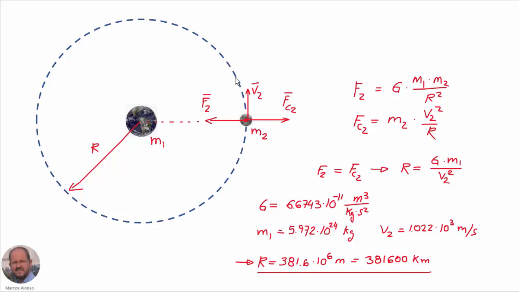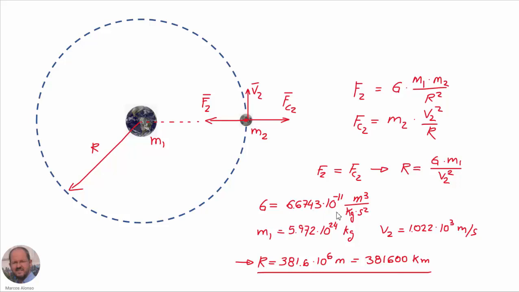So the Moon is in this orbit because these two forces compensate, so they are going to be equal in magnitude. So from these two equations we can get, for example, the radius of the orbit as a function of the mass of the Earth, and also as a function of the speed of the Moon on its orbit.